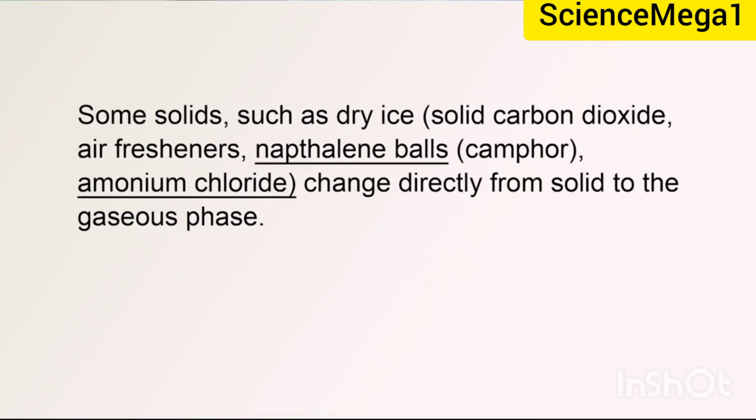Some solids, such as dry ice or solid carbon dioxide, air fresheners, naphthalene balls, or camphor, ammonium chloride, change directly from solid to the gaseous state. And I believe most of you have seen naphthalene balls or camphor and air fresheners in your various homes.